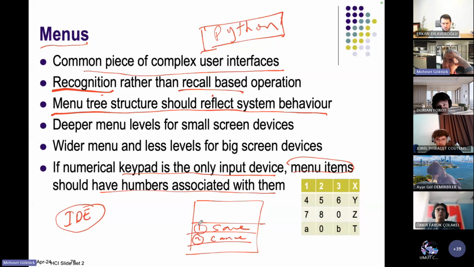So these numbers can be pushed, or with the arrow keys, you can navigate on the screen. Either navigate or press numbers. So availability of a numerical keypad allows you to add additional accelerators in selections, and it is good.